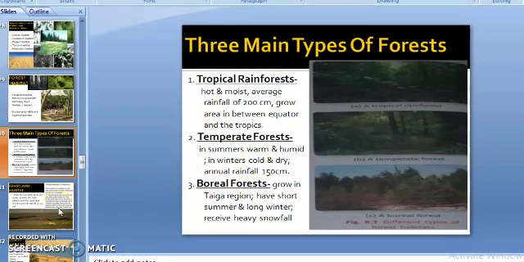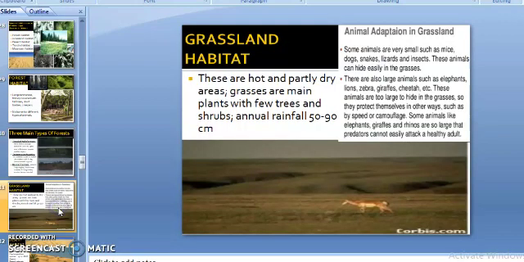Now see the next habitat, grassland habitat. Grassland habitats are hot and partly dry areas where grasses are the main plants and trees and shrubs are very few.